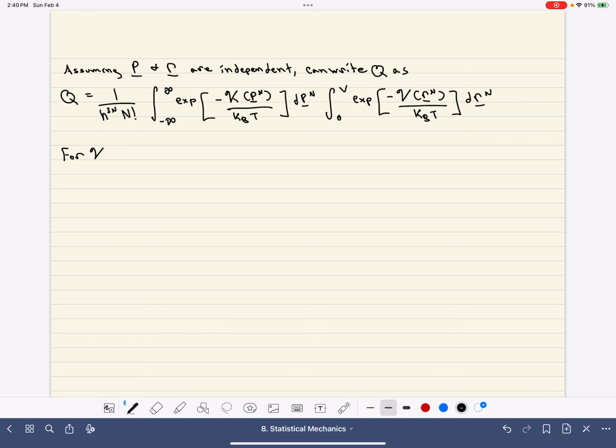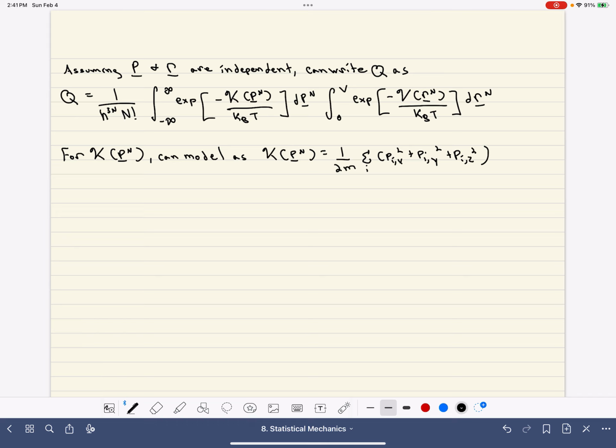So for momentum, if we go back to our particle in a box calculations, we could remember that we could write the momentum contribution like this: 1 over 2m, which is the summation over i of p_ix squared plus p_iy squared plus p_iz squared.